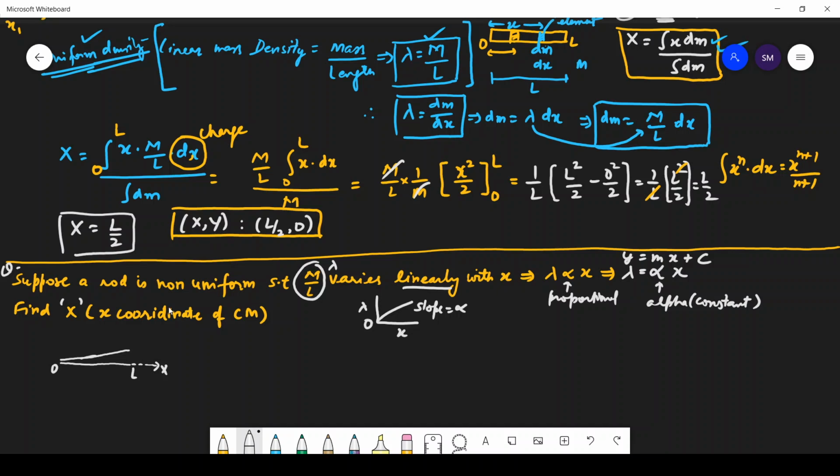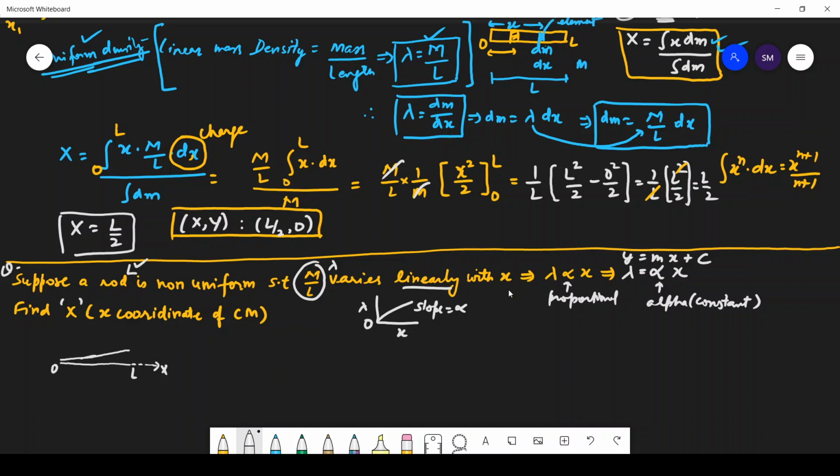We have to find the x coordinate of the center of mass, and of course we are going to find it as some fraction of the length, because the only variable given to you is the rod's length L. So you have to write the answer in terms of given variables.